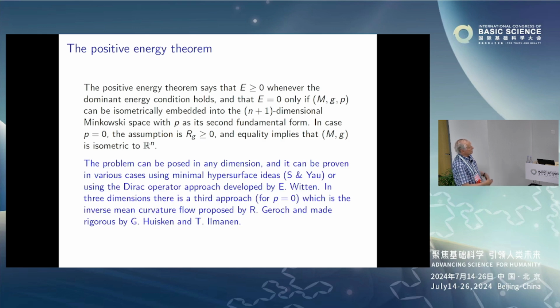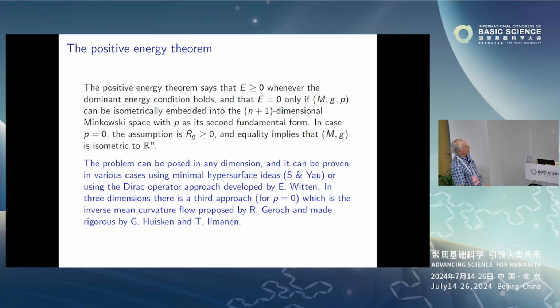Okay, I'm not going to talk about the positive energy theorem, but let me just say that it's a sort of complicated story, but there are basically three methods, maybe even more now, at least in the three-dimensional case. It was originally done using minimal hypersurface ideas by Yau and me, and then Edward Witten introduced the Dirac operator, which works for spin manifolds.